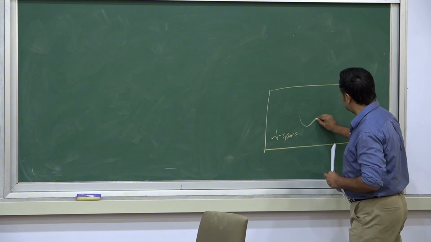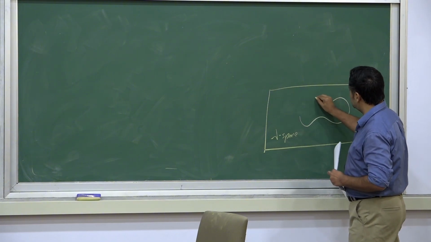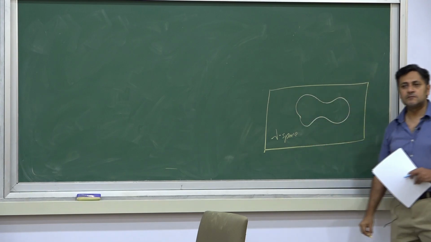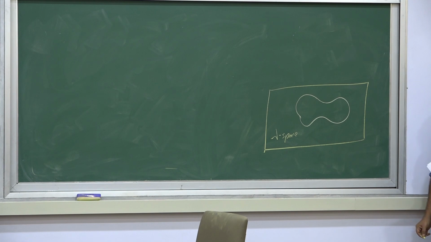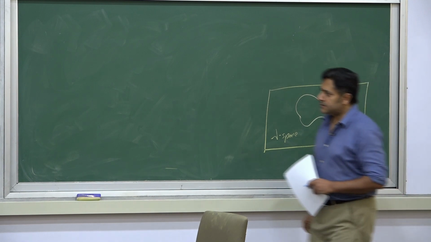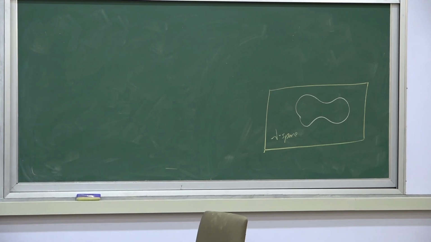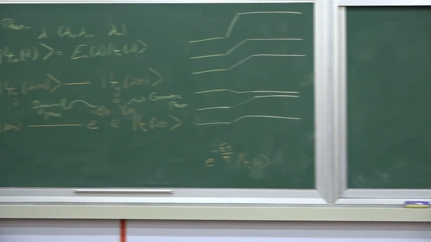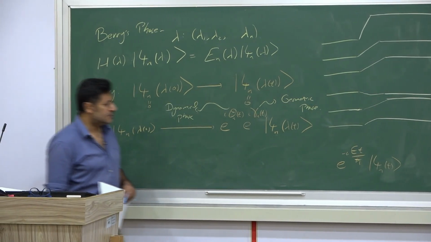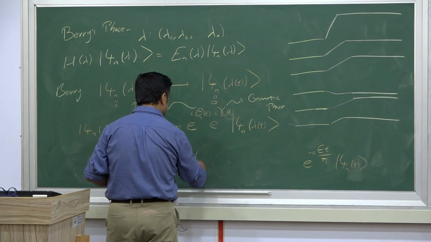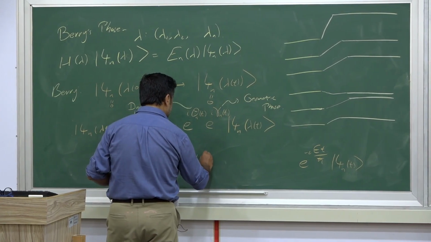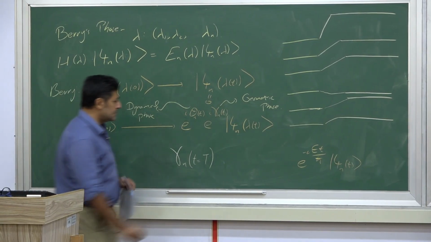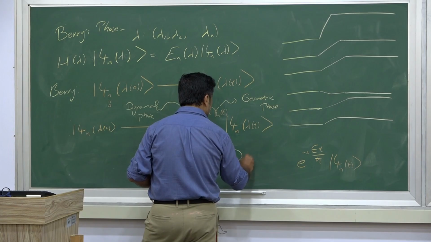if I start from here, move around, I am changing my parameters, and if I come back to the original value of the parameter, I would have picked up this phase as well, but this phase in that case would be time independent. So gamma n, when you are back to the same values, does not depend on time.